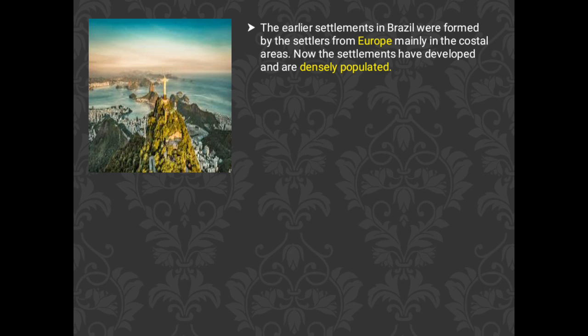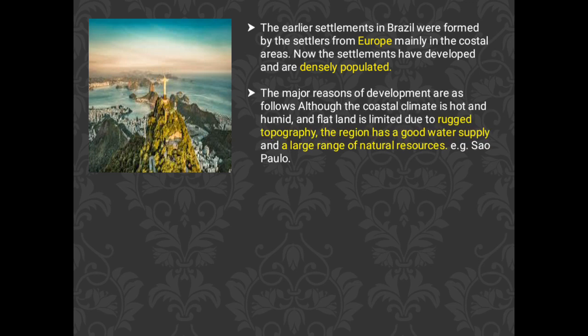The earlier settlements in Brazil were formed by the settlers from Europe, mainly in the coastal areas. Now, the settlements have developed and are densely populated. The major reasons of development are as follows.